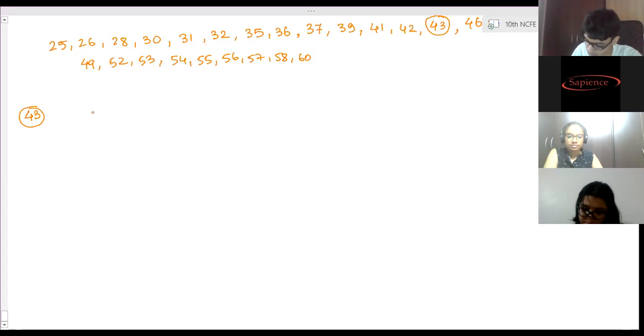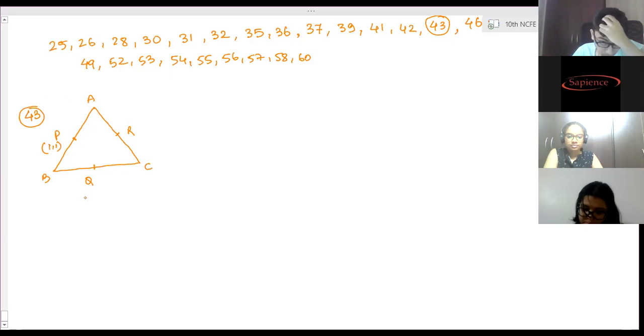So here it is a triangle A, B, C. The midpoint coordinates are given. This is P, Q, and R. Coordinates of P is 1, 1.